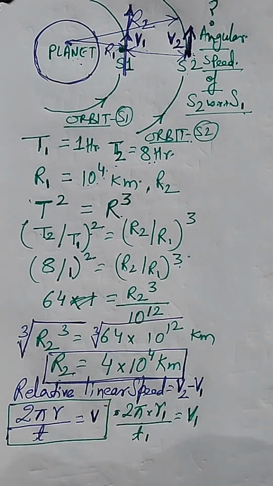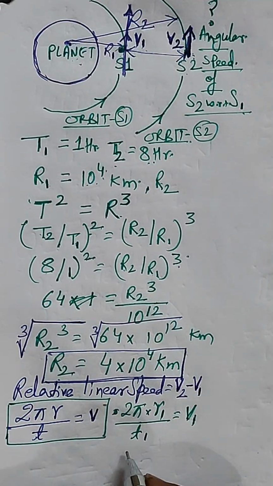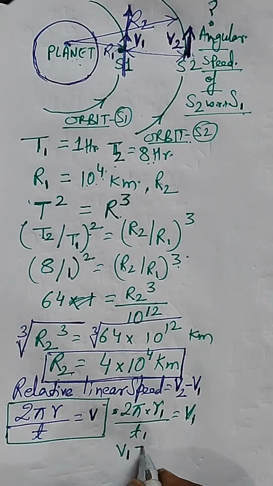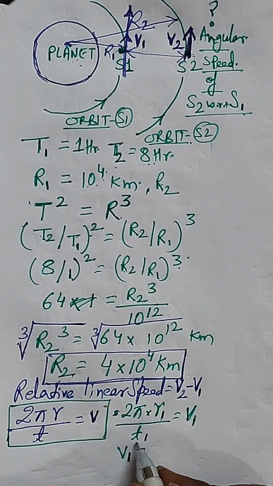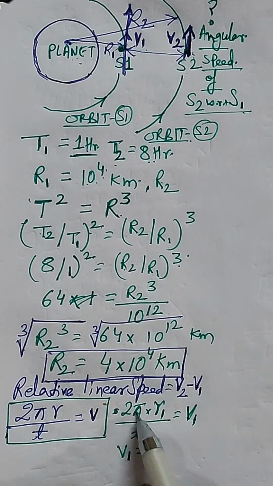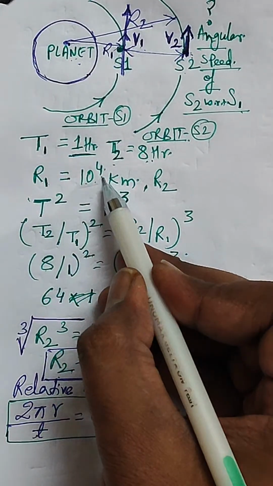So the value of v1 will be calculated. v1 will be equal to 2 pi, and t1 is nothing but 1 hour. So 2 pi by 1 into r1, which is 10 to the power 4.